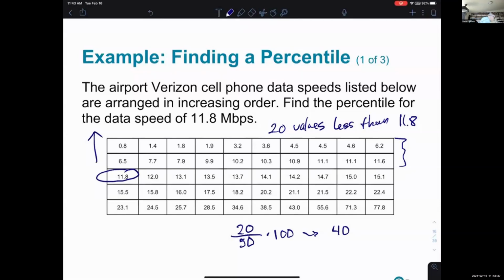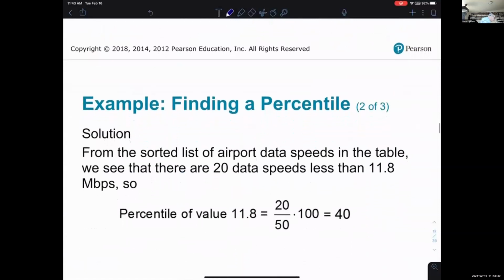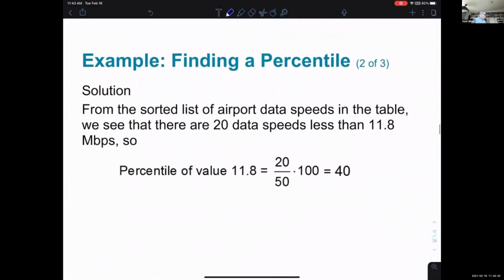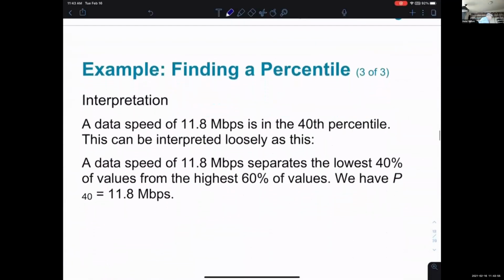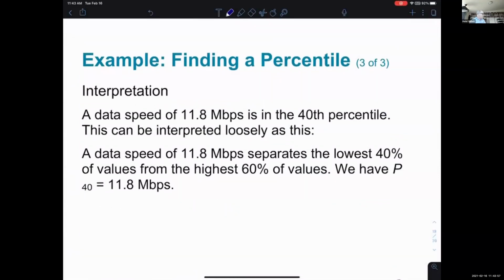All right, so I think they'll do this for us, but I think it's nicer if we can see it there. So they said from the sorted list, we see there are 20 data value speeds less than 11.8. So they use the little formula to say 20 out of 50 times 100 is 40. So then they interpret that and they say a data speed of 11.8 is in the 40th percentile.